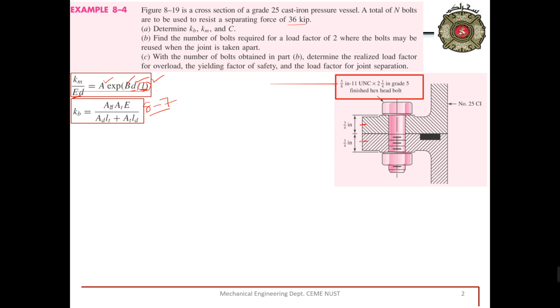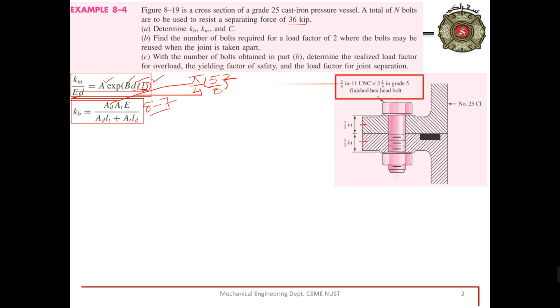This Ad is equal to pi by 4 into D squared. For At, you can go to table 8-2 for 5/8 inch 11 UNC threads.